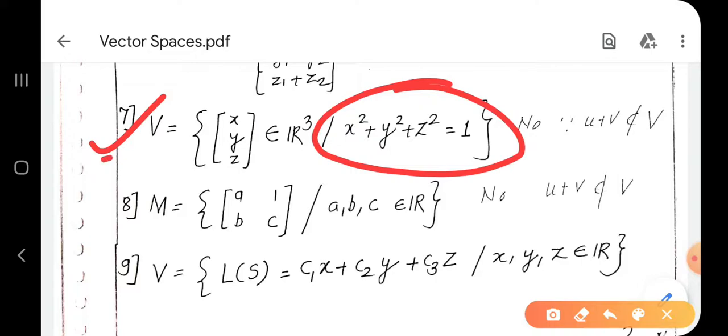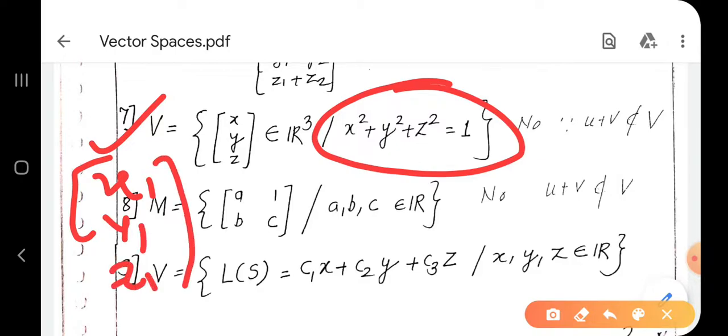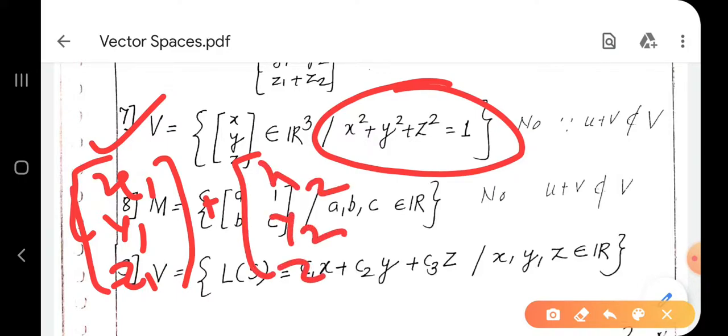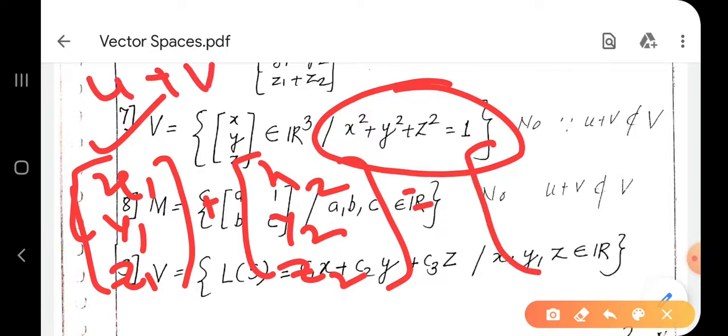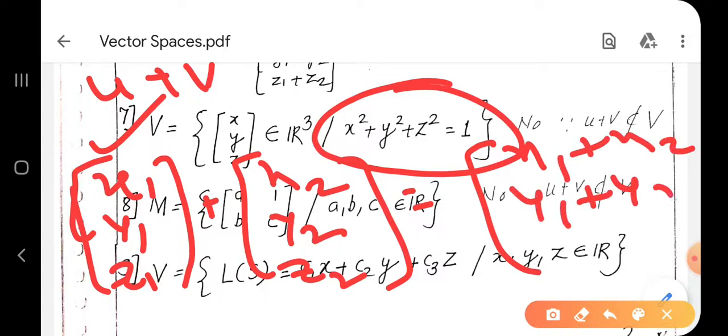Now if I take 2 vectors x1, y1, z1, this is my u vector, plus what is the second vector? x2, y2, z2. This is my second vector, v vector. So u plus v, correct. What is their addition? I get x1 plus x2, y1 plus y2, z1 plus z2, correct.